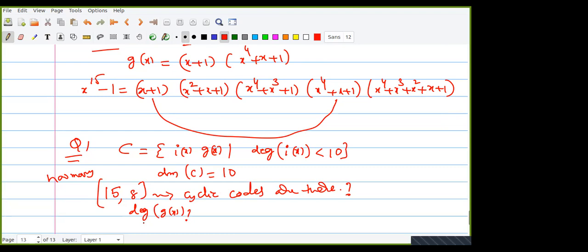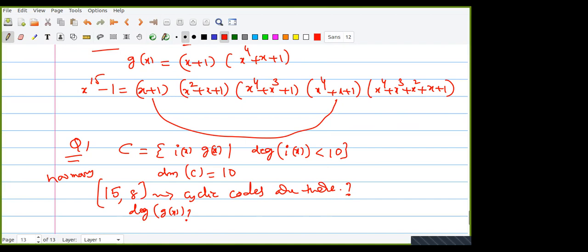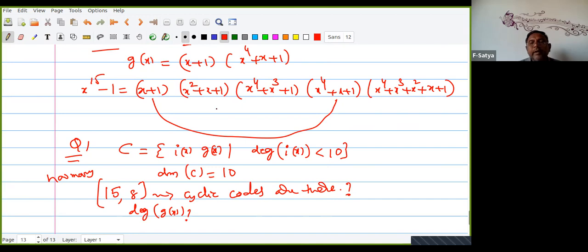Careful, are you sure that it is 7? Yes, 7. How do you get it? Which polynomials do I have to multiply to get 7? That is a divisor of x power 15 minus 1, correct?